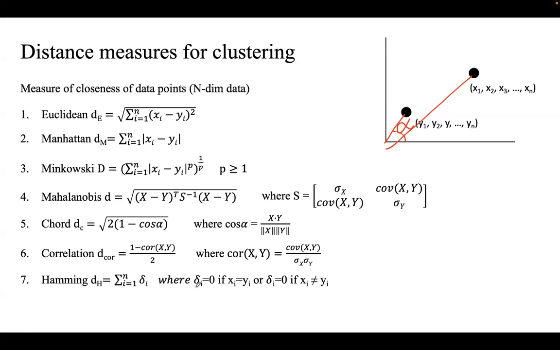For the first position, x1 and y1, r and c are not equal, so delta 1 is equal to 0. Then a is the same, so delta is 1, and the last letter is also 1. So you add 0, 1 and 1, and the Hamming distance between rat and cat is 2. All right, so those are the distance measures for clustering.